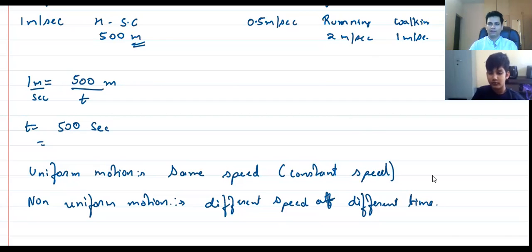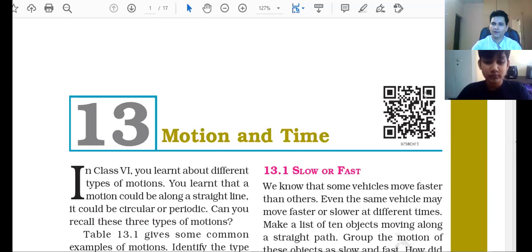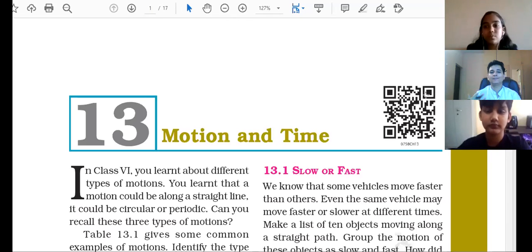Very good, everyone. Till now, we have studied the basic definitions of position, distance, displacement, reference frame, rest, motion, then speed and different types of motion. So let's see what is in our syllabus.